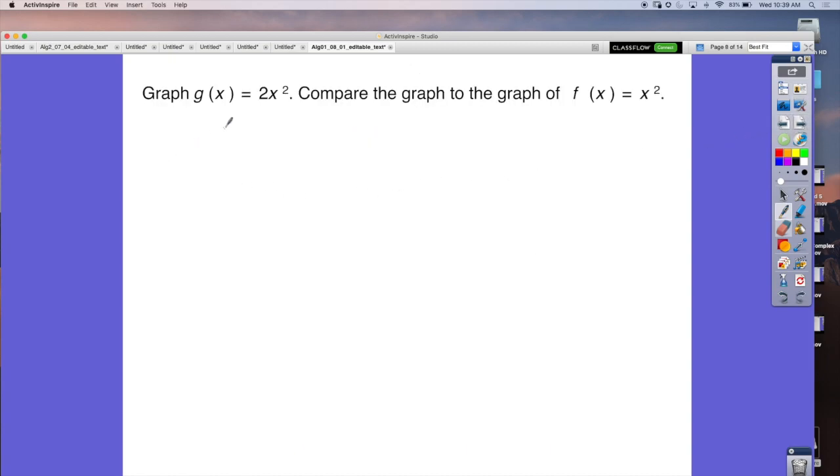Okay, graph 2x squared, compare it to the parent function. First, let's look at this graph. Look at the equation. You're comparing it to f of x.